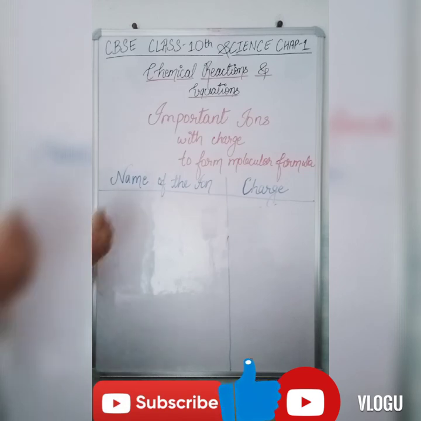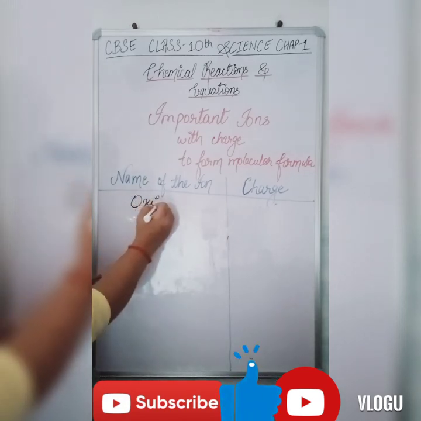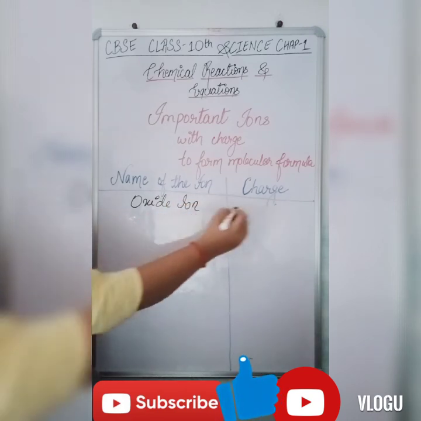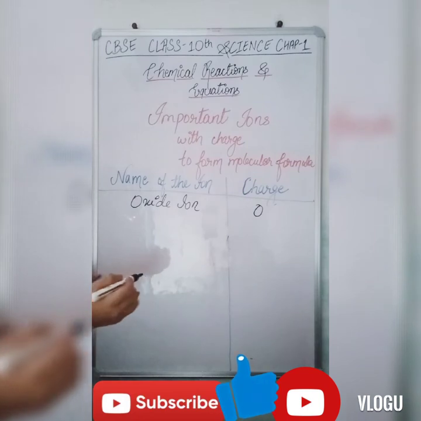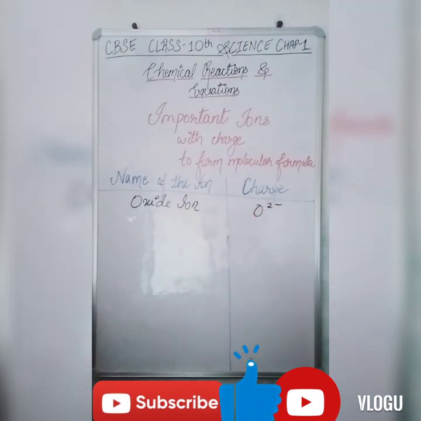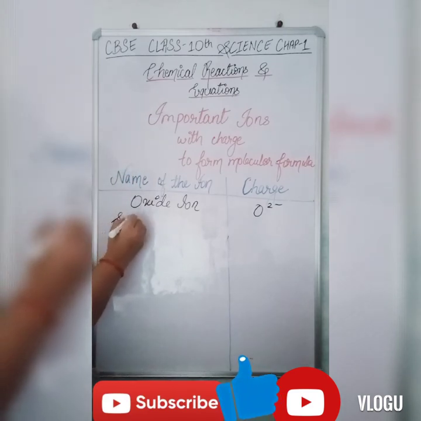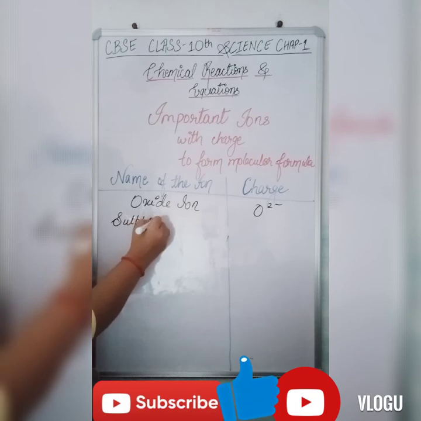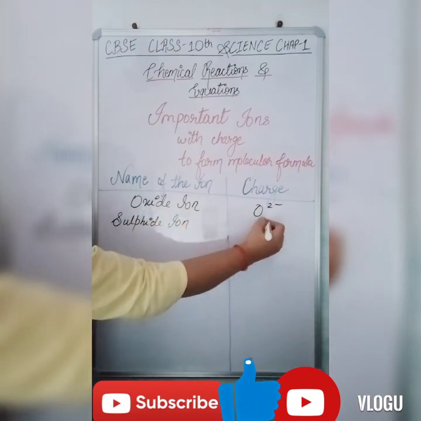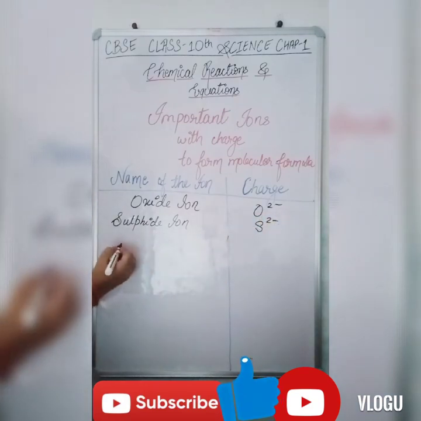Okay, some more important ions. Oxide ion is O2 minus, as we have already seen about oxygen in the valency concept. Now sulfide ion, S2 minus.